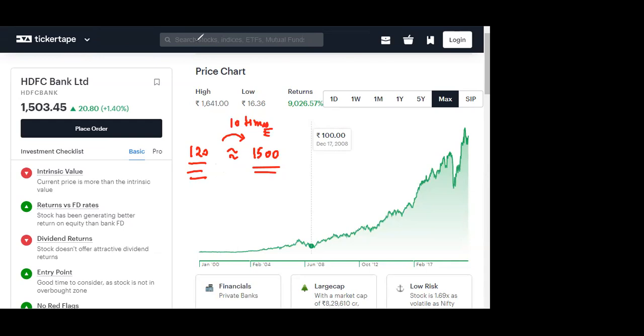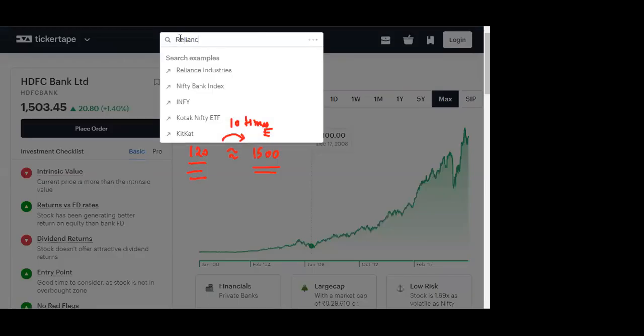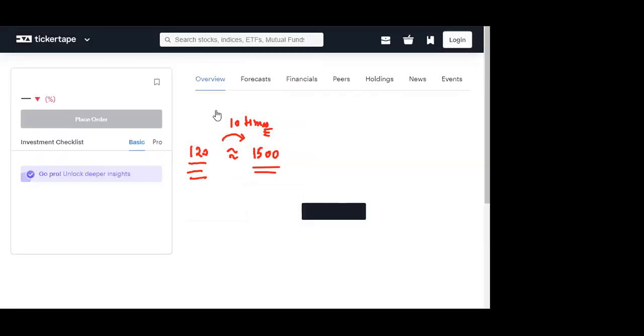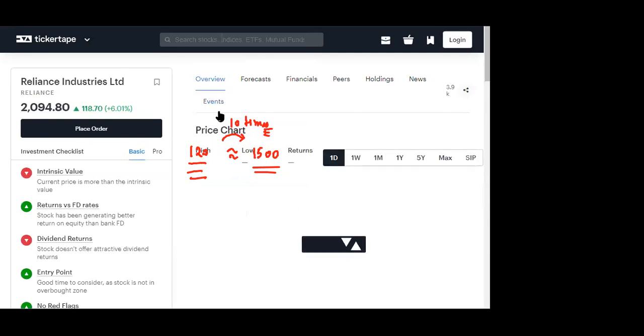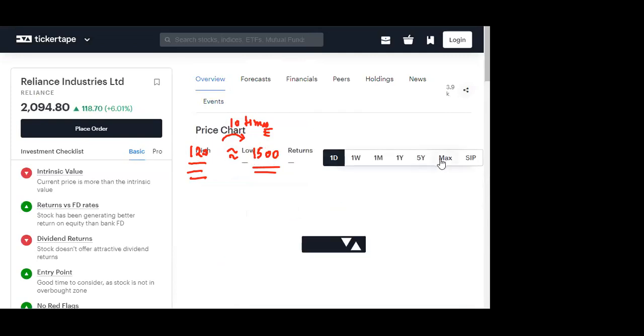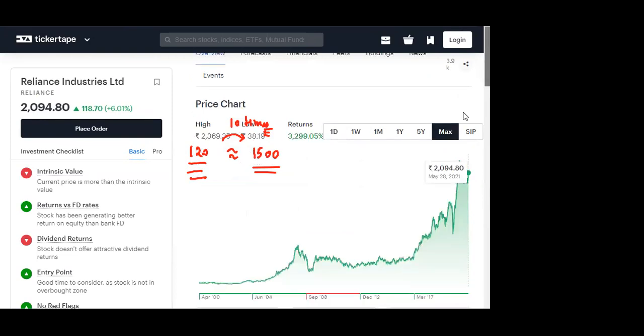So next is Reliance. Reliance Industries. Again, I'm giving you the same timeline.